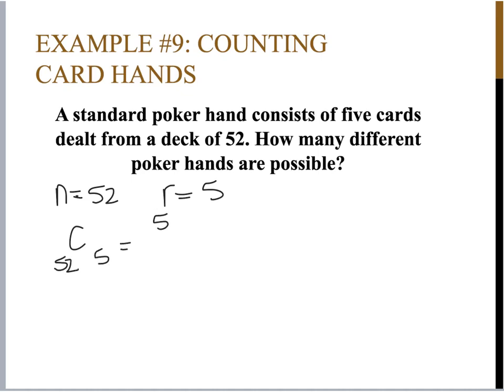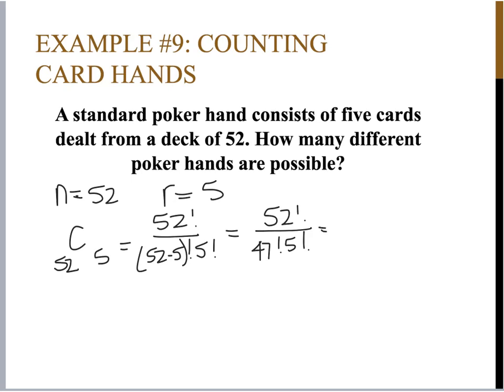So that would be 52 factorial over 52 minus 5 factorial times 5 factorial. So 52 minus 5, by the way, is 47. So this would be 52 factorial over 47 factorial times 5 factorial.